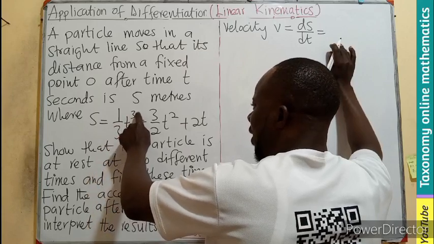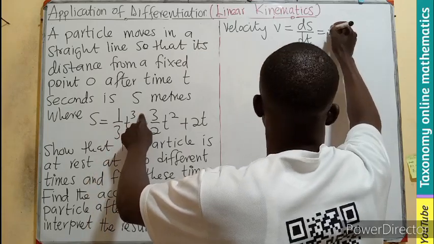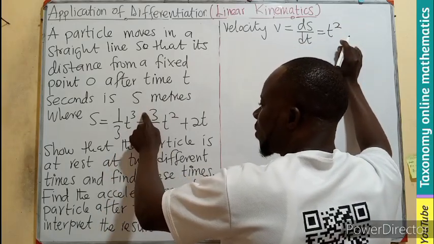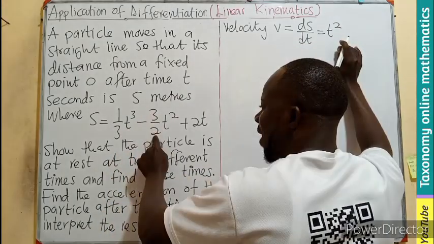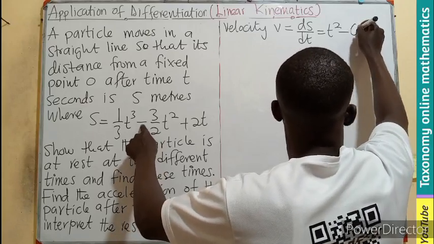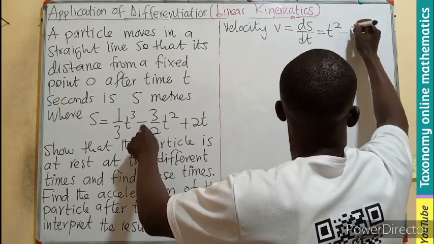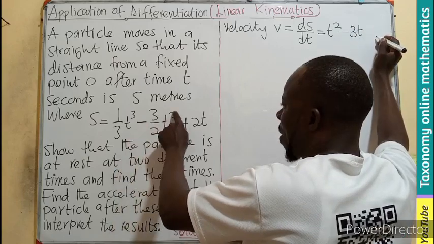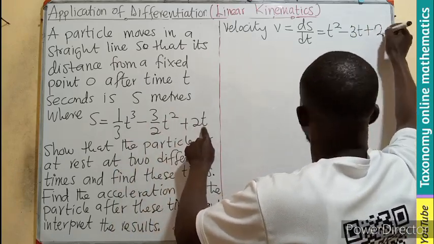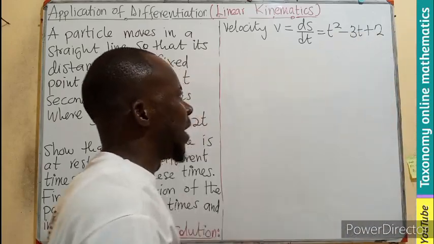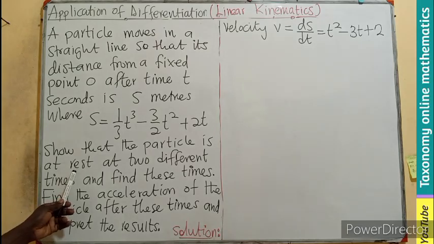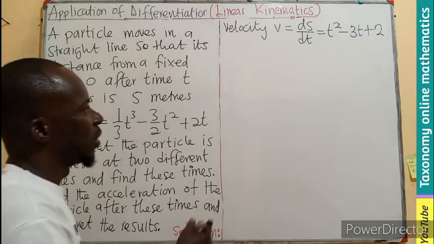Then t, 3 minus 1, will give us t squared. 2 also comes forward to become 6, 6 divided by 2 is 3, times 1 as a negative, so negative 3t. Then t power reduced by 1 becomes plus 2. So in this case, we have our v, but we are saying v is 0 because it is at rest.